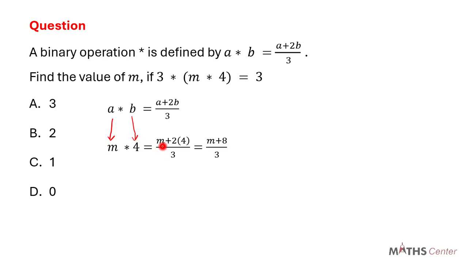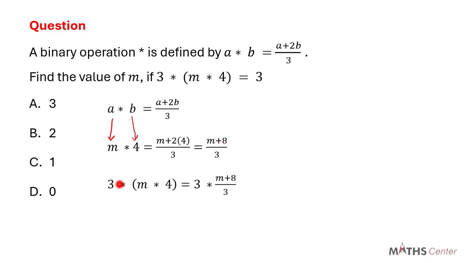And so this will give us A, which is M, plus 2B, and B is 4, so 2 times 4, divided by 3. 2 times 4 is 8. So this is going to give us (M plus 8) divided by 3. So our M star 4 is (M plus 8) divided by 3.